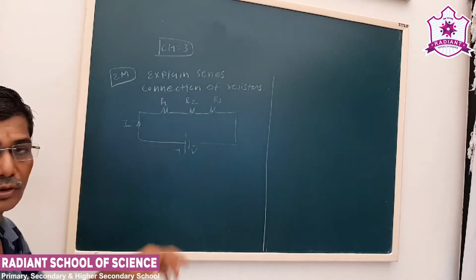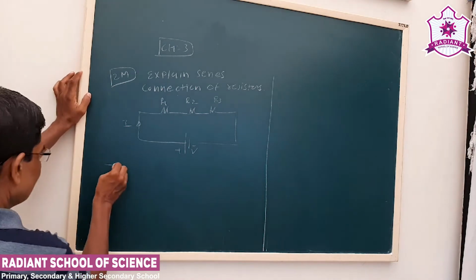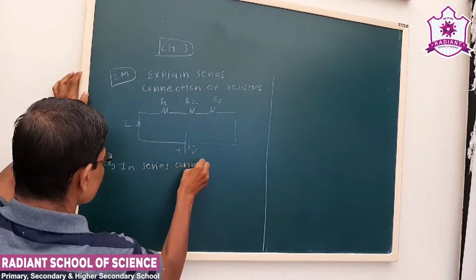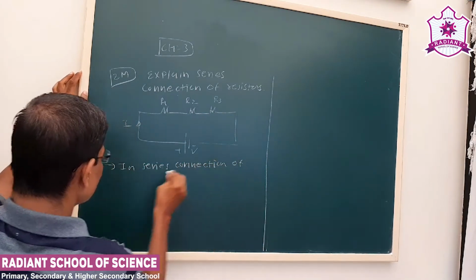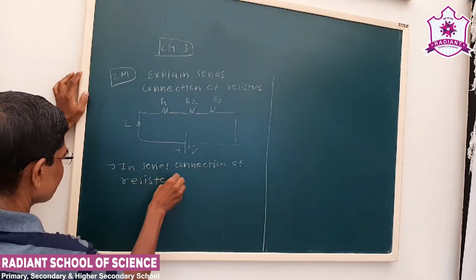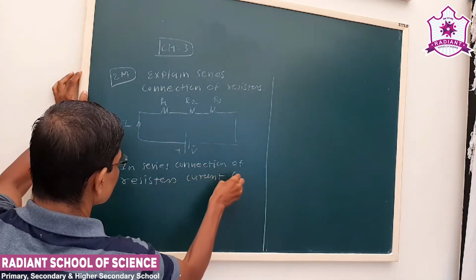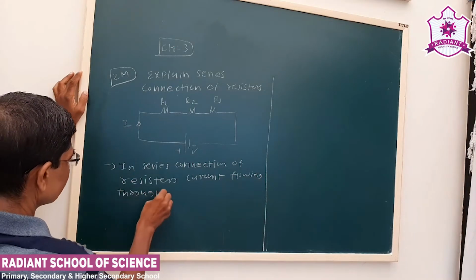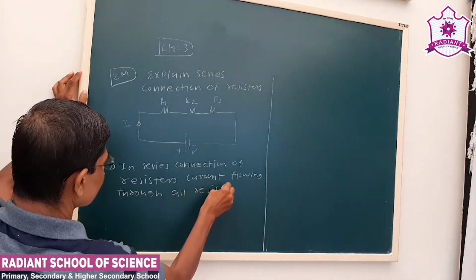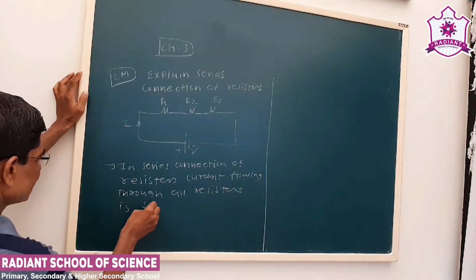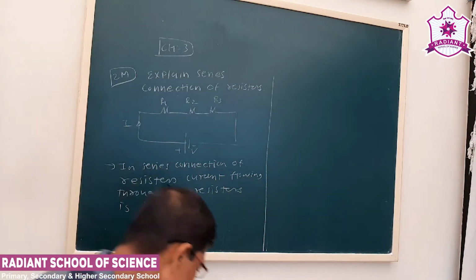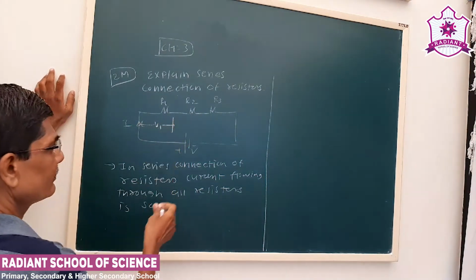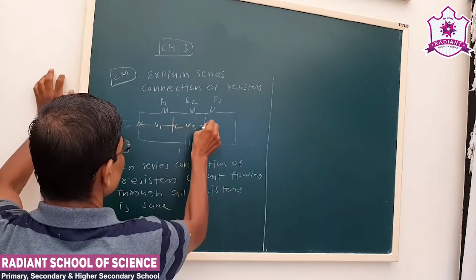Now, what do we see in the series connection of the resistors? The current through all the resistors will be the same. In series connection of resistors, the same current flows through all resistors. Here the potential difference is V1 for R1, V2 for R2.